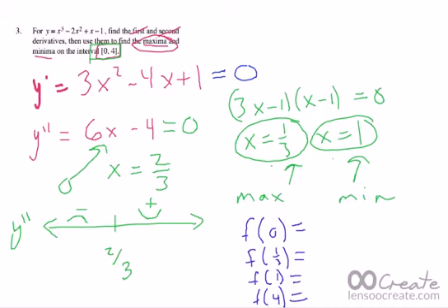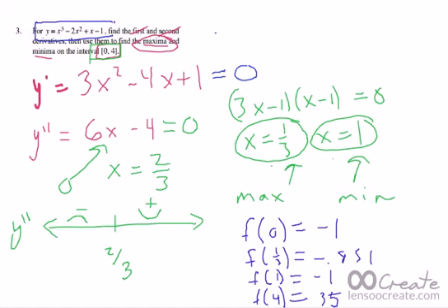So all those numbers should go into our original function. So plugging those into my table, I get f of 0 is negative 1, f of 1/3 is negative 0.851, f of 1 is negative 1, and f of 4 is 35.